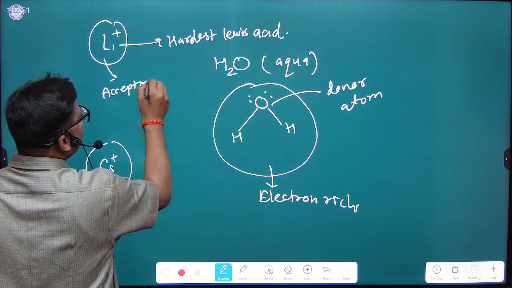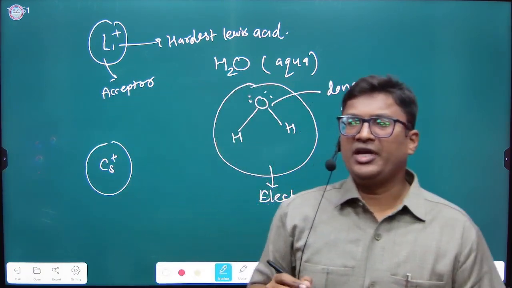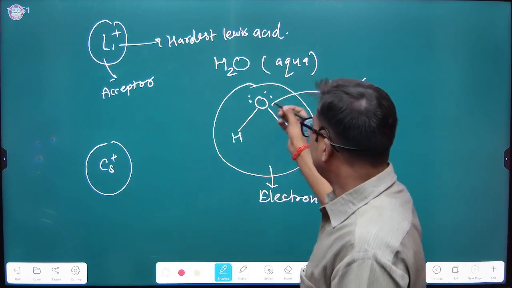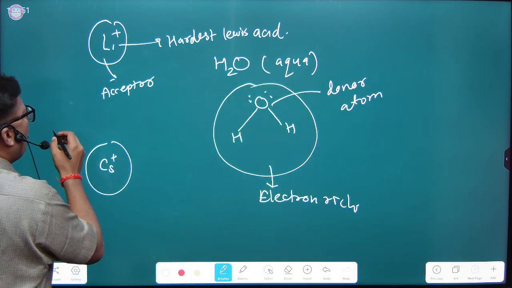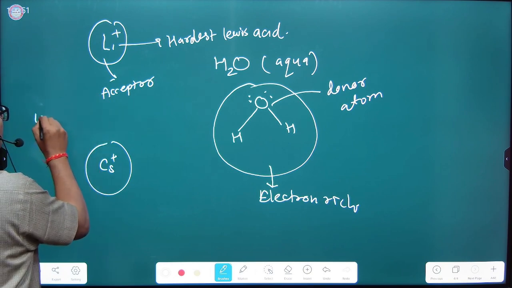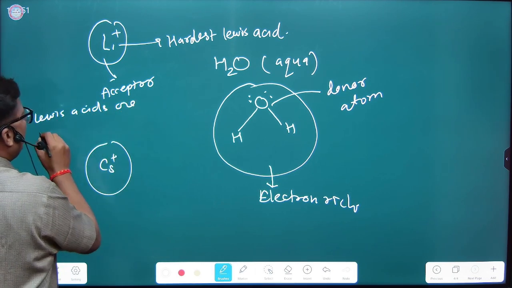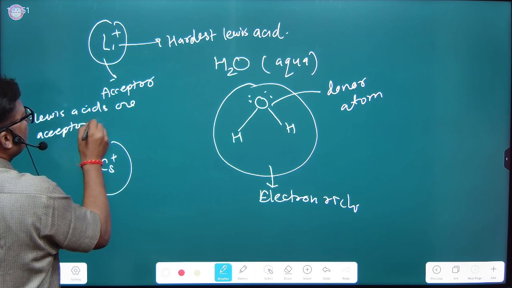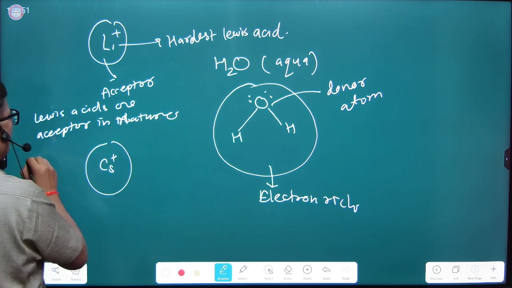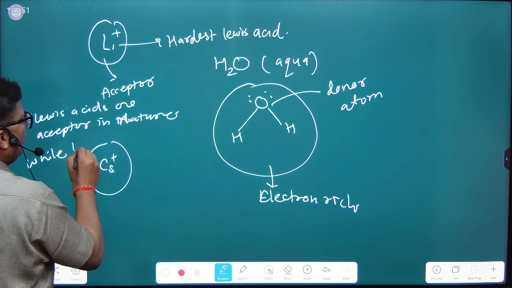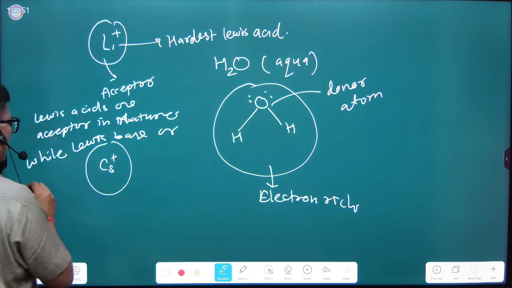Lewis acids are acceptor in nature, while Lewis bases are donor in nature.